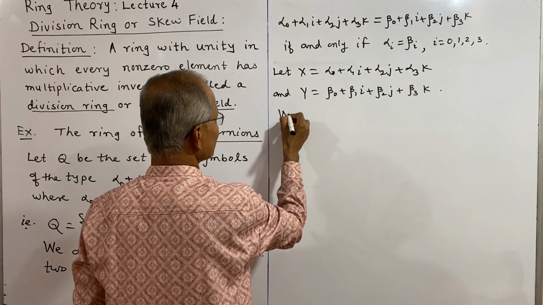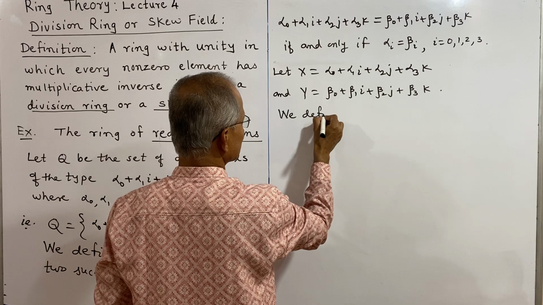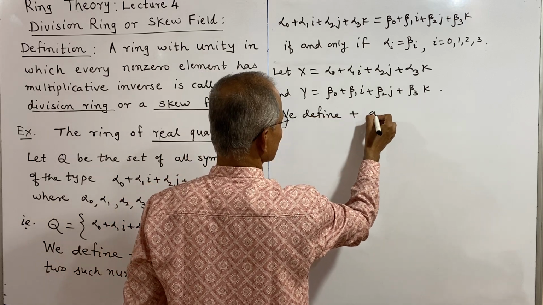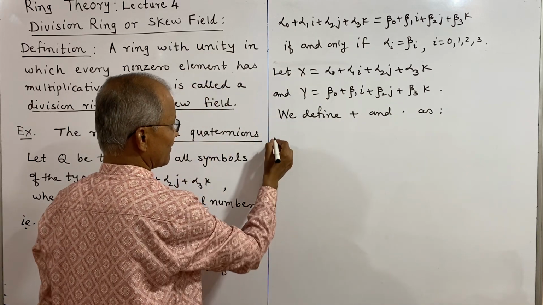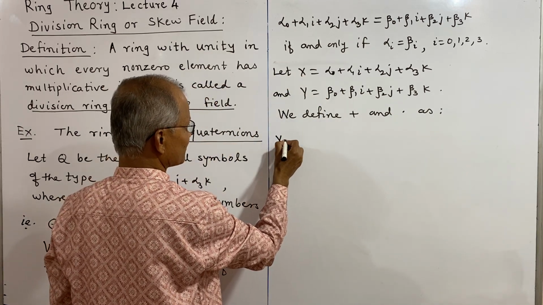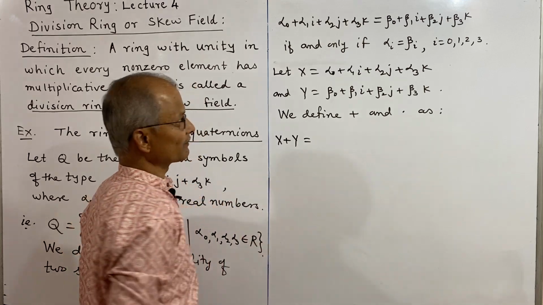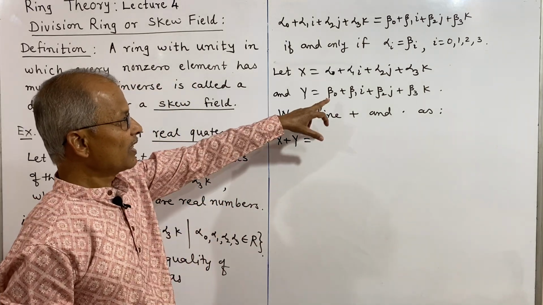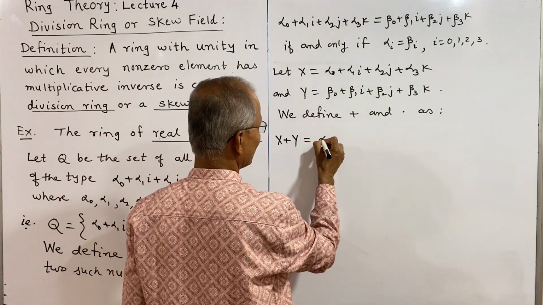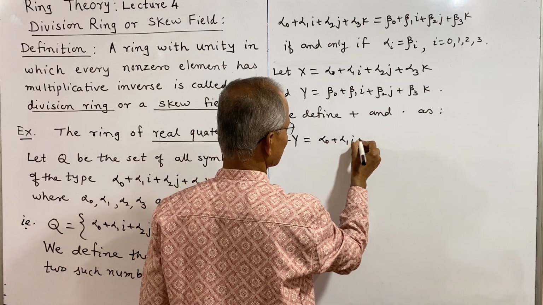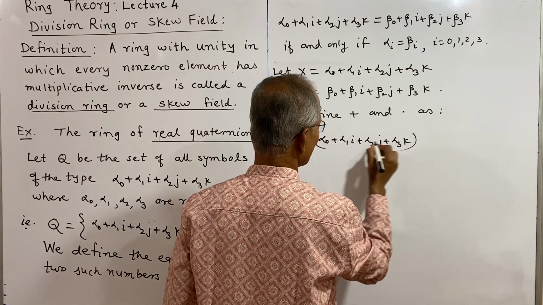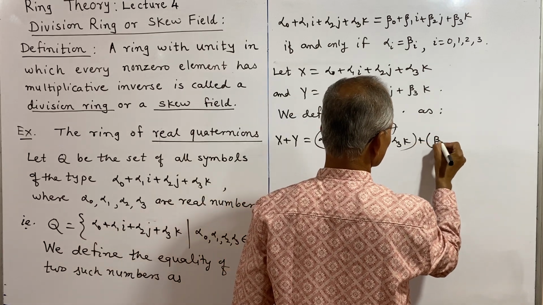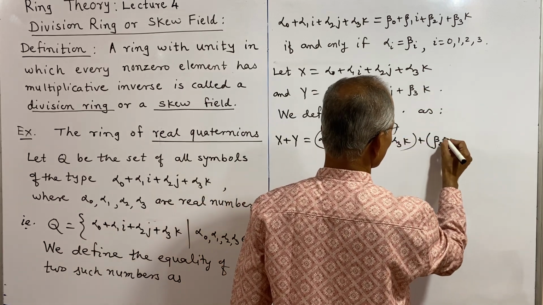Now we define plus and multiplication. x plus y is equal to, see, the addition of these two, that is alpha naught plus alpha 1 I plus alpha 2 j plus alpha 3 k, plus the second number.